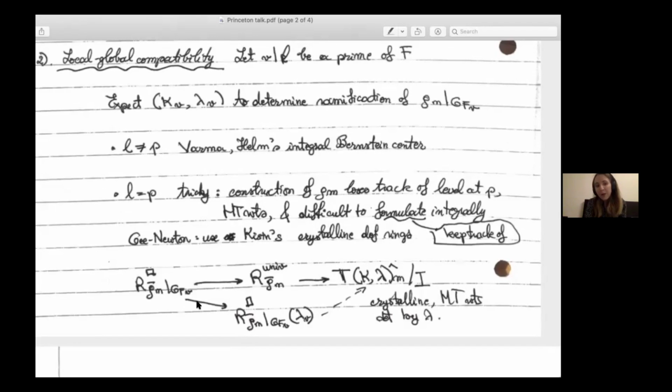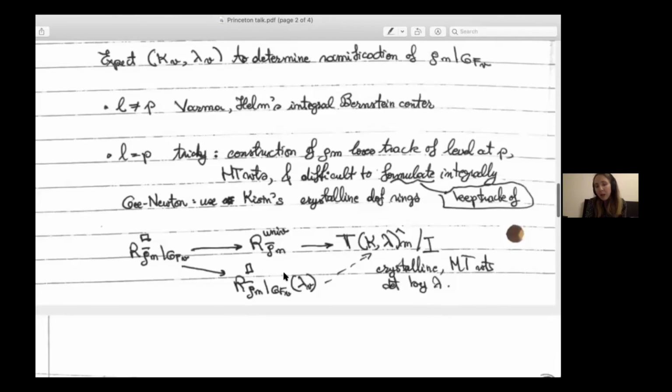Now here you have Kisin's quotient, so that sees, in characteristic 0, the points that are crystalline and have Hodge-Tate weights determined by the weight of the automorphic representation. And so the conjecture is that this map, in fact, factors this way, so it factors through Kisin's quotient.